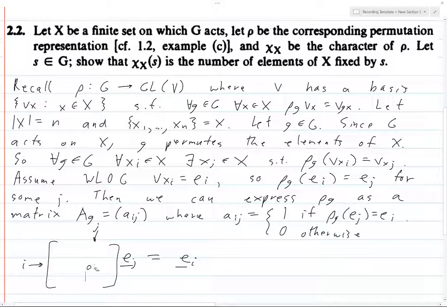So that's where we want our 1 to be, and we want everything else to be 0. And that's precisely the ij entry of the matrix. And so that should show you why we flip the indices, why a_ij is 1 if rho_g e_j equals e_i. Okay, so that's that.